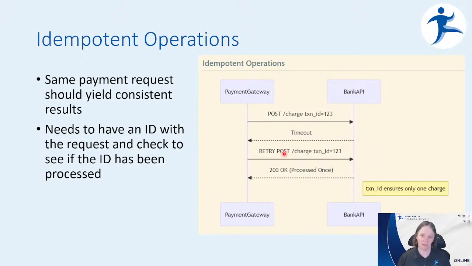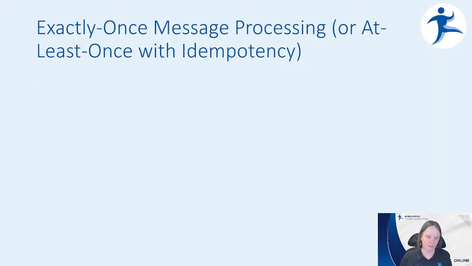It's one of the ways we can resubmit things. The bank API is like, okay, that's been processed once. How does it do it? It's because of this ID. You send the ID with the request and check to see if that ID has been processed. You want this so that you can prevent duplicate charges, because payment processing is costly when it comes to failures and not getting idempotency right.